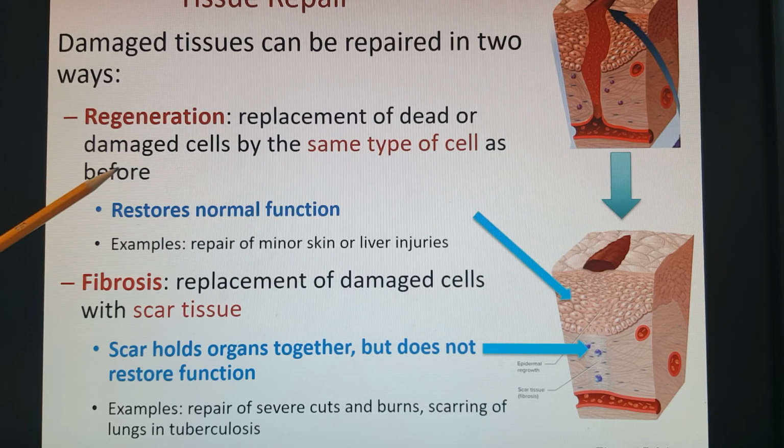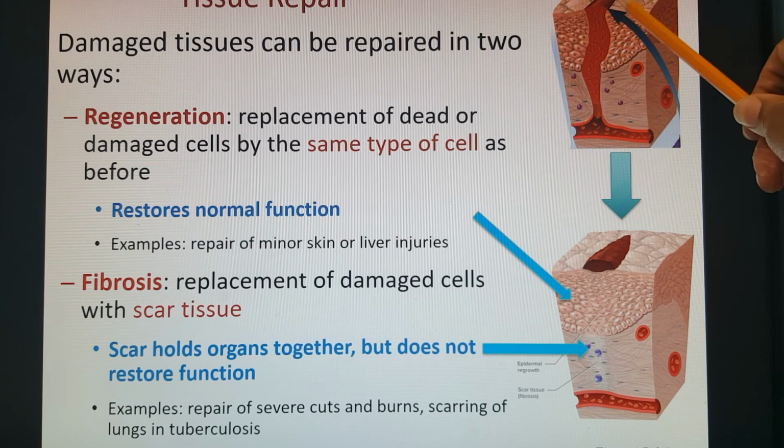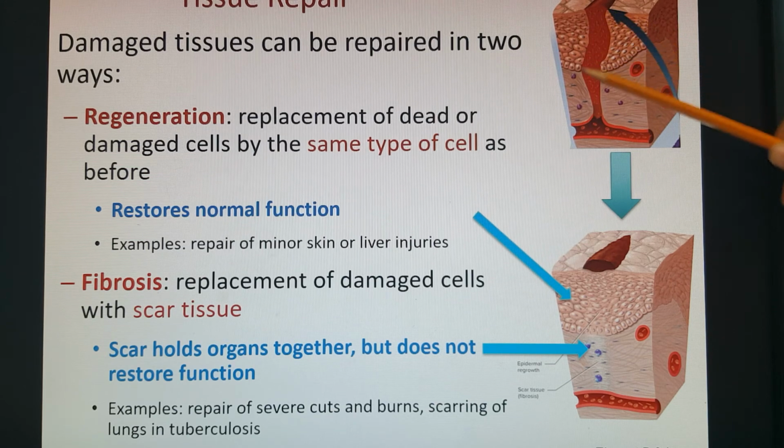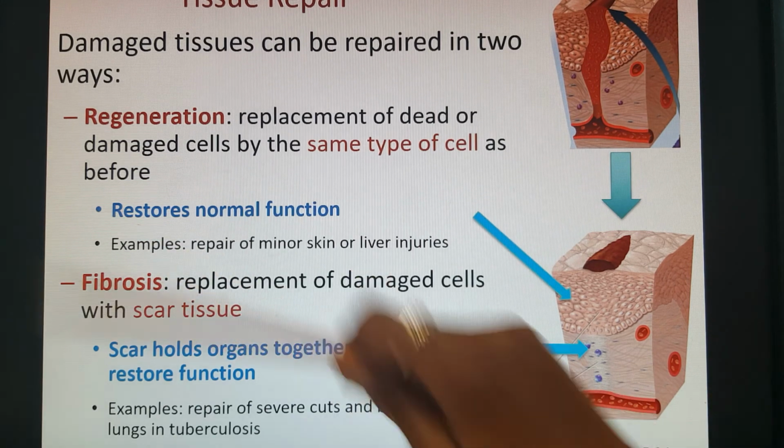You have return of normal function of that type of cell. Up here in our example, we have a cut through the skin. This upper layer, our epithelial epidermis tissue layer, is going to repair itself using regeneration, new cells filling in that spot. Next type is fibrosis.